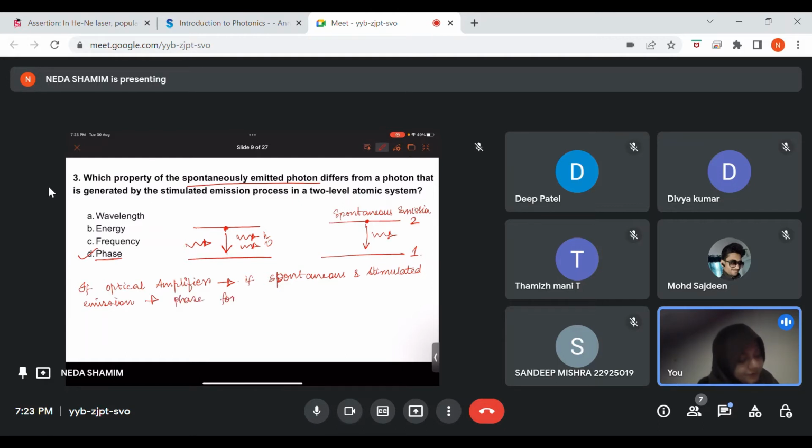If the phase is different for both, this might lead to some interference, destructive or constructive interference, depending on the phase difference between the spontaneously and the stimulated emitted photon, and this will lead to noise. Because of these interference processes, there will be noise in my optical amplifier, which is not good.